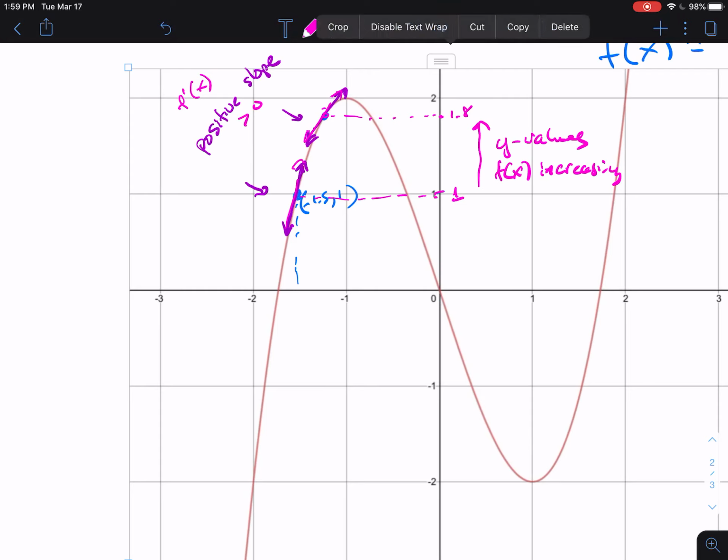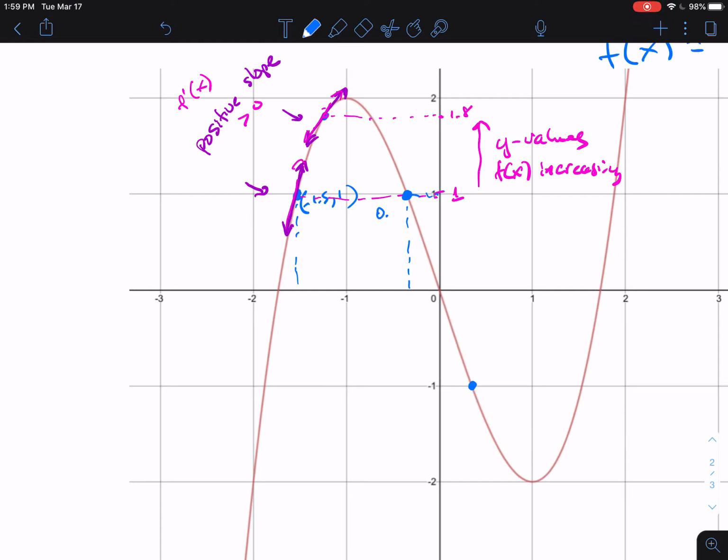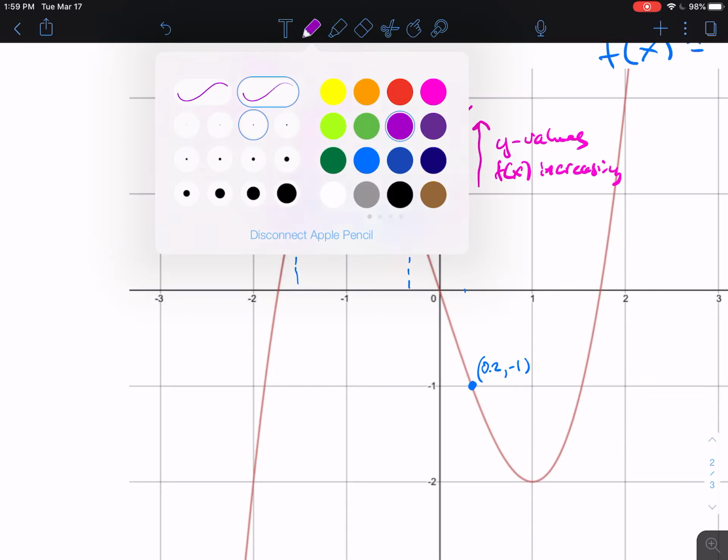Now let's look at the case where the tangent slopes are not positive, but negative. So I want to pick another point here. Let's say we pick this point and compare it to this point here. So let's say that point is maybe 0.2 comma 1, and down here let's say this is 0.2 comma negative 1. Let's draw the slope of the tangent line here.